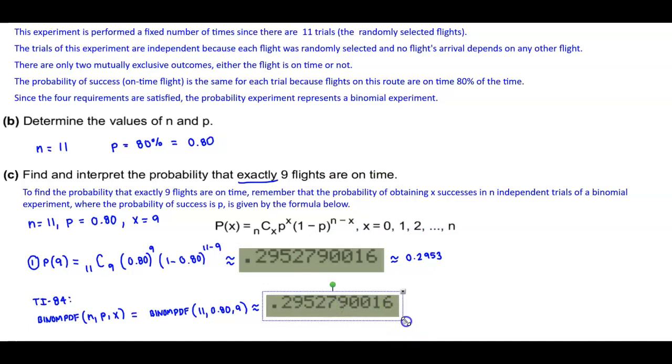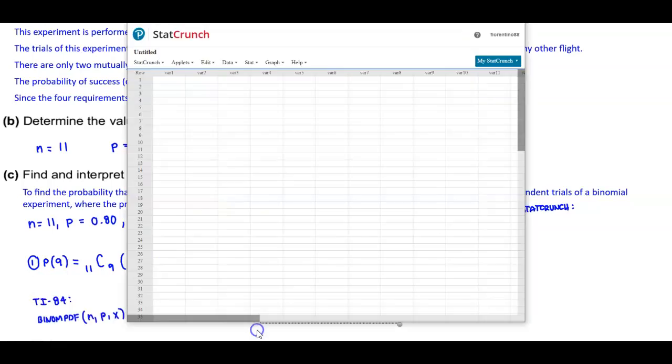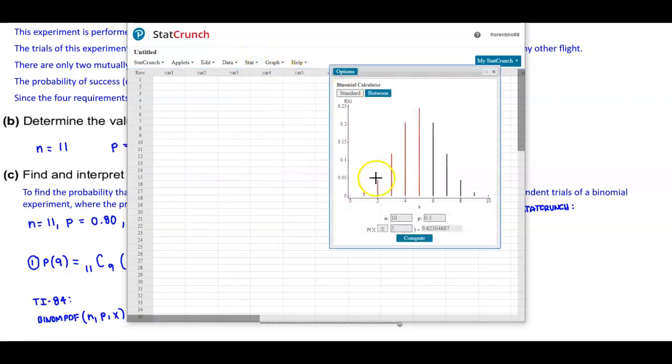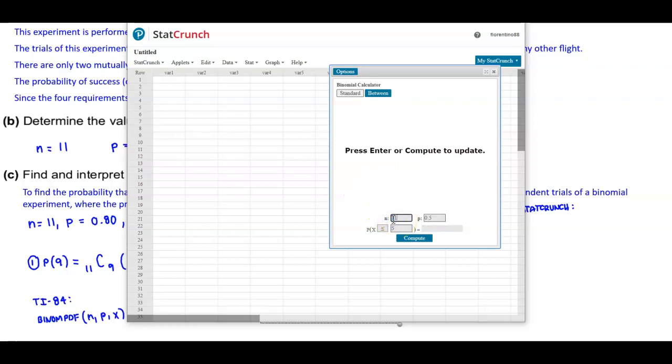Okay. And now if we wanted to use StatCrunch, then we would do the following. We're going to go to StatCrunch, select Stat, go to Calculators, and go to Binomial. We know that we have 11 trials. We know that the probability is 0.80.